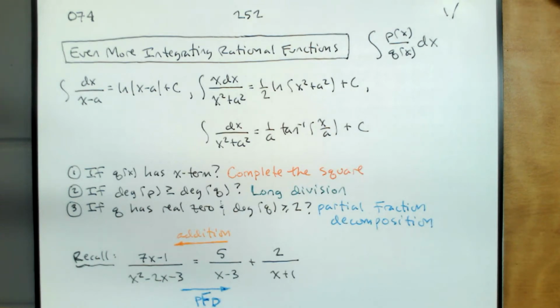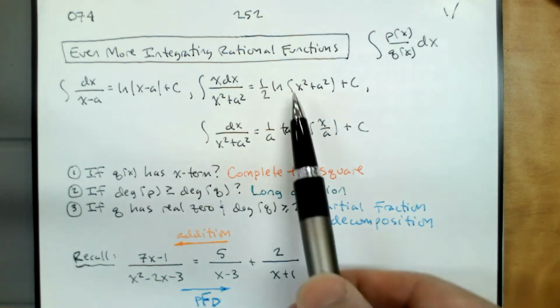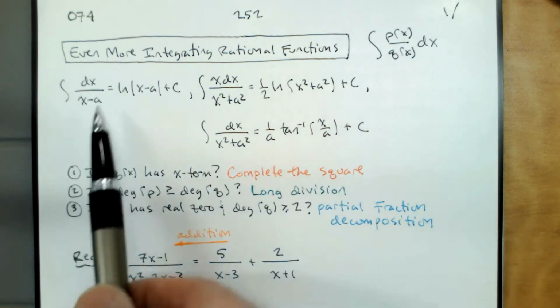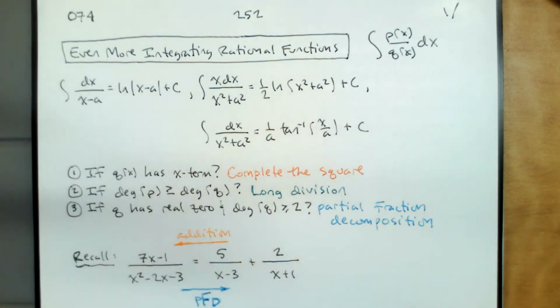If q has a real 0, that rules out these two cases. That means we should be looking at some bunch of these. So if q has a real 0, that's all we really need to say. But let's include, since we're new, that the degree of q is greater than or equal to 2. So we're looking at quadratic or higher degree with a real 0.